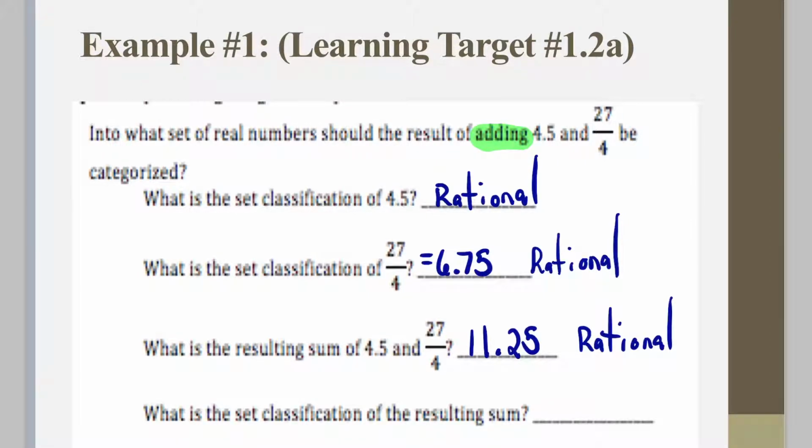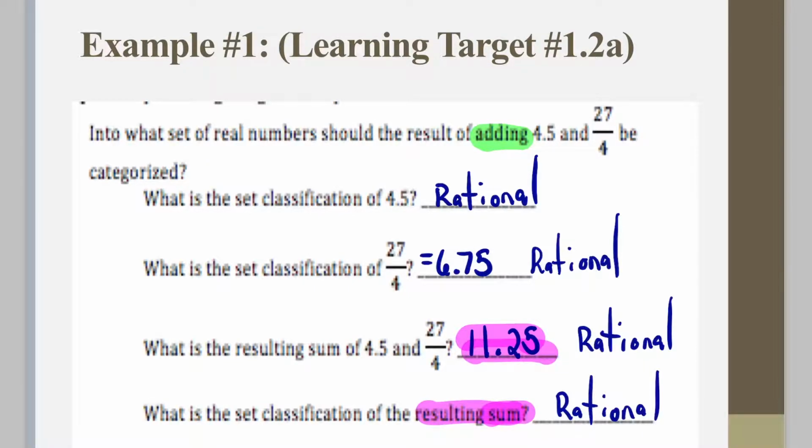Looking at the last question, what is the set classification of the resulting sum? There's a couple of things. One, we can look at the resulting sum being, in this case, 11.25. The resulting sum is a rational number, which we have already stated in the previous question.